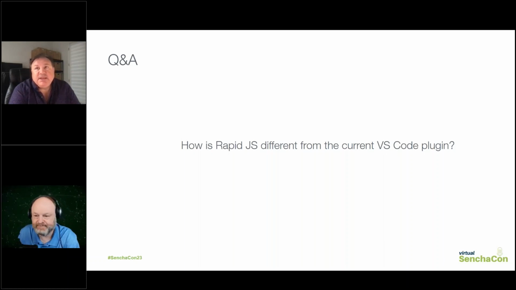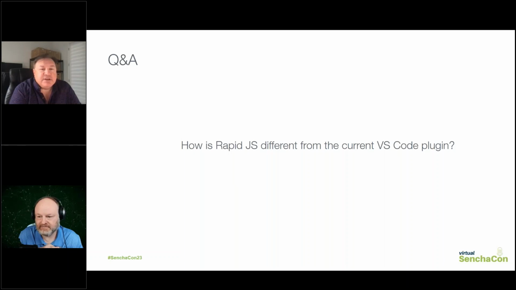What the plugin does do is it hooks into essentially the documentation. So it'll give you IntelliSense, or the equivalent of. I'm an old Microsoft guy, so I don't know if IntelliSense has become the standard name, but it'll give you the ability to know for an object what the configs are, and it'll show you a list of those. I call that IntelliSense. It'll give you some refactoring capabilities. It allows you to generate a new application, but again, not as visual as Rapid Ext JS is.